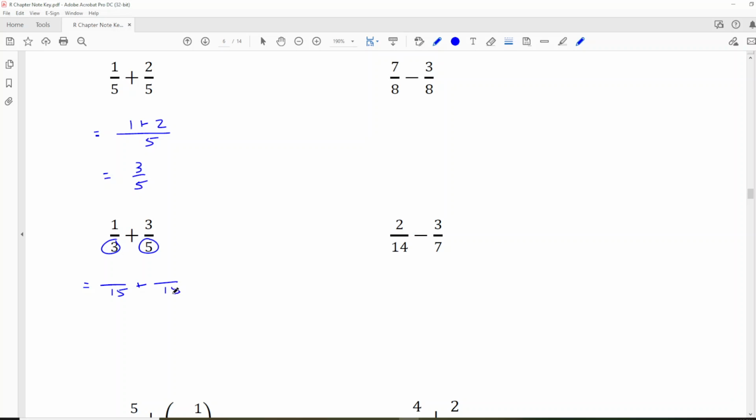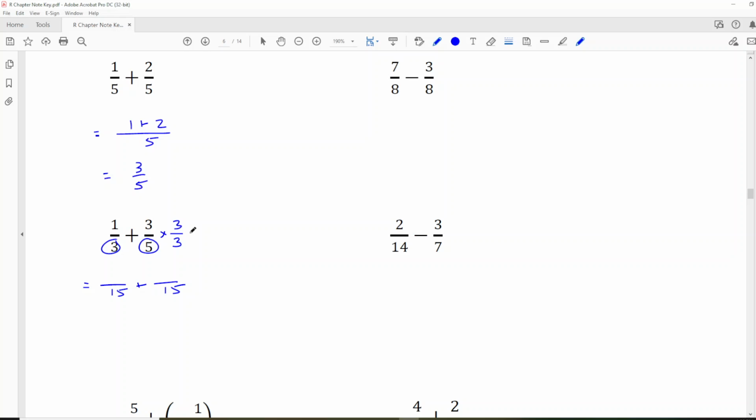So both of these are going to get a denominator of 15. To get that, I'm going to multiply, I don't know why I'm doing the right fraction first, but I'm going to have to multiply 5 by 3. What you do to the bottom, you do to the top. Now I'm allowed to multiply this fraction by 3 over 3 because I'm really just multiplying by 1. 3 divided by 3 is 1. So multiplying anything by 1 doesn't change its identity.